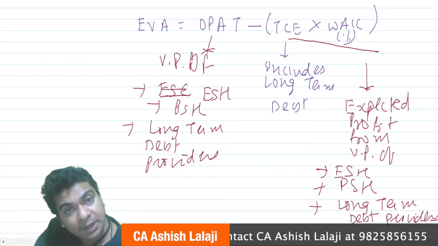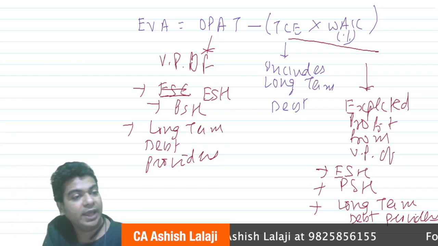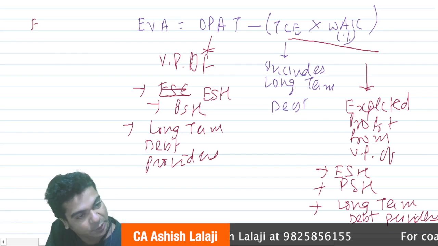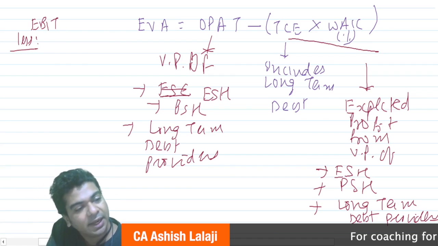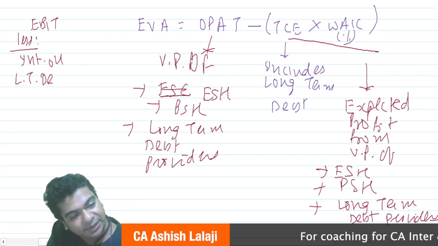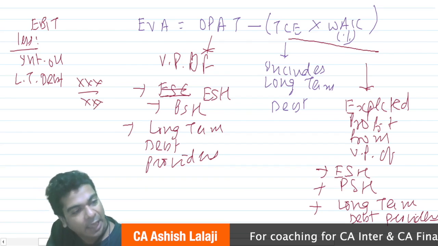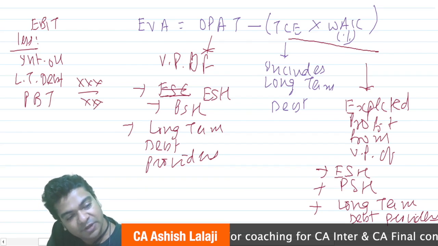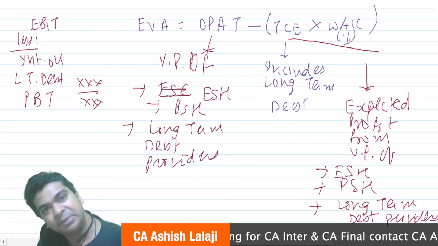From OPAT, if you deduct the interest on long-term debt, let us say you calculate EBIT. From this, you deduct interest on long-term debt, and then you calculate profit before tax. And from that, you deduct the tax, and then you get the PAT.